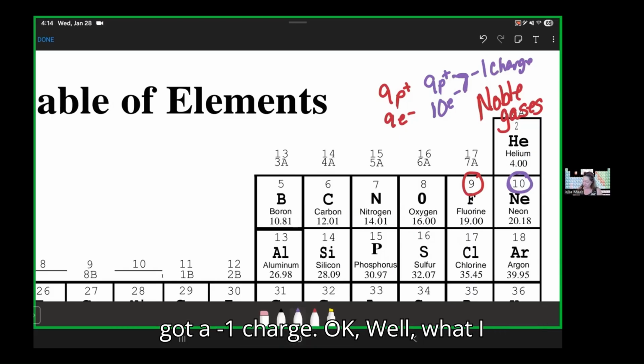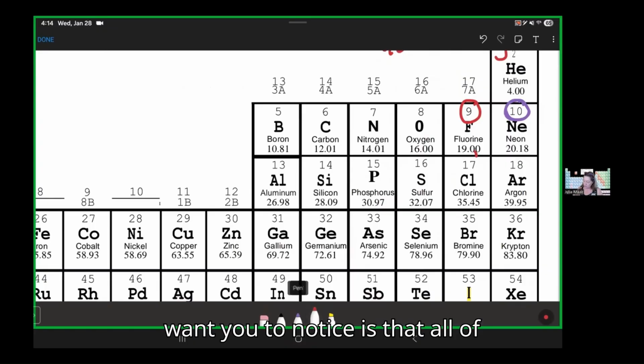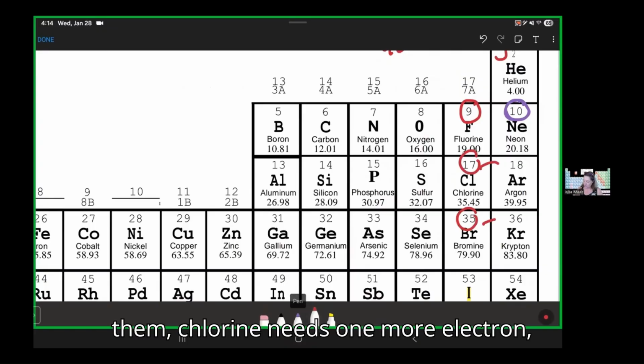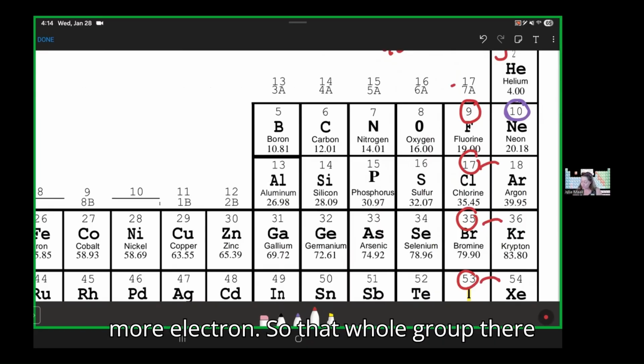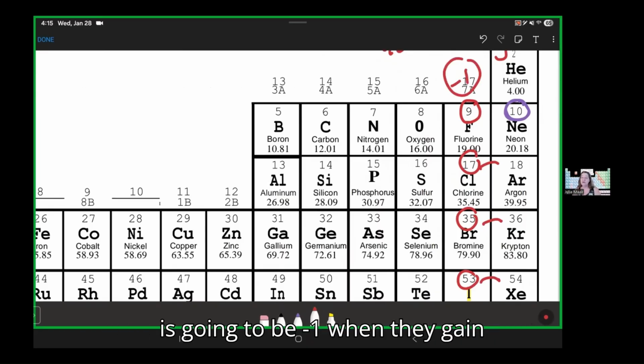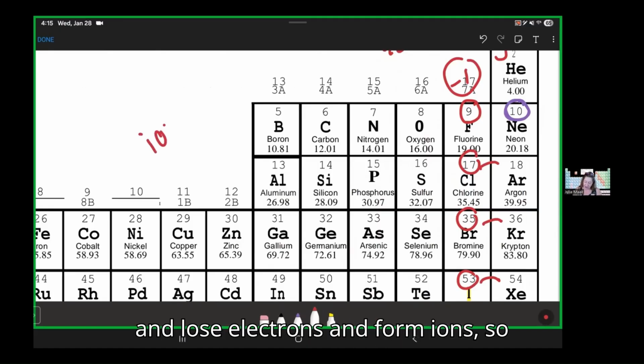Okay, well, what I want you to notice is that all of them, chlorine needs 1 more electron, bromine 1 more electron, iodine 1 more electron. So that whole group there is going to be -1 when they gain and lose electrons and form ions.